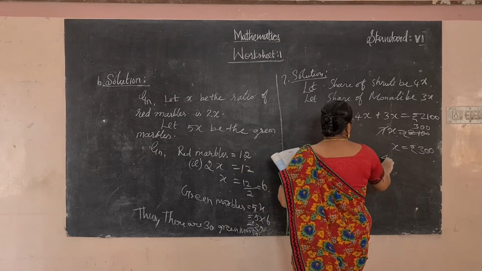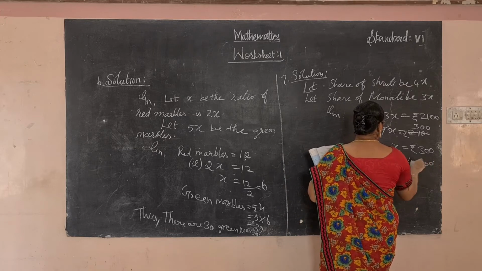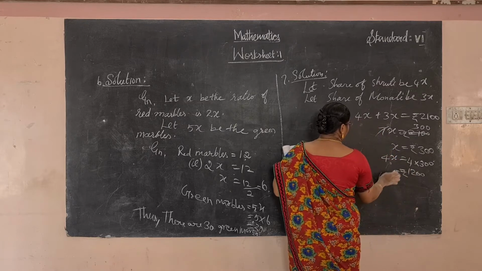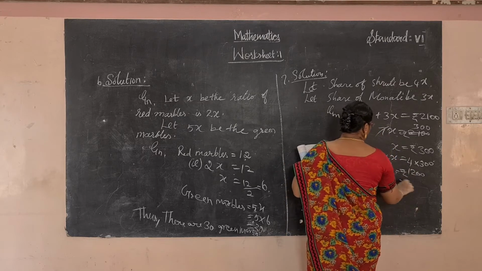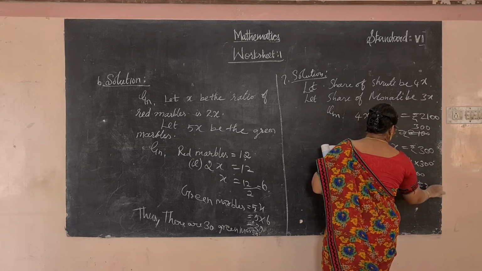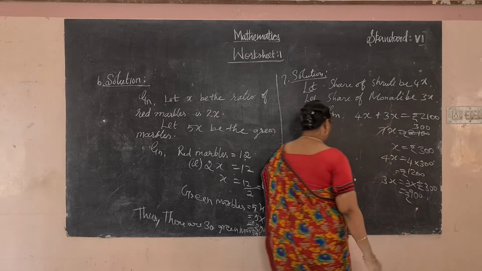So Shruti's share 4x is 4 into 300, equal to 1200 rupees, and Monali's 3 into 300 is equal to 900 rupees.